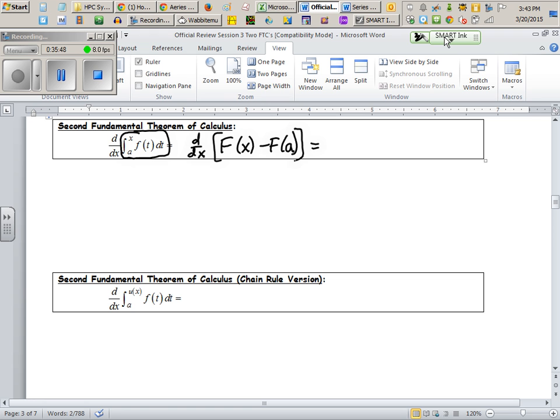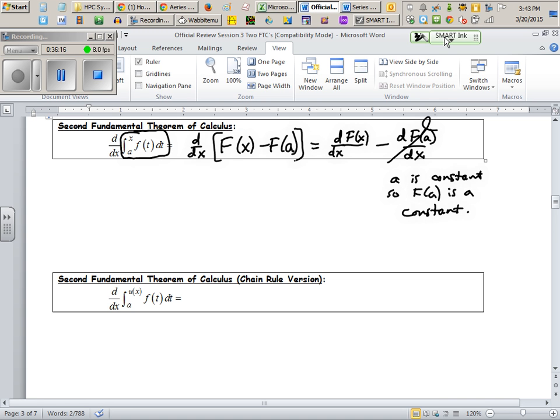What happens when you take the derivative of a difference? You take the derivative of the first function minus the derivative of the second function, right? But a was a constant all along. a is constant, so this term is 0. F of a is also a constant, right?